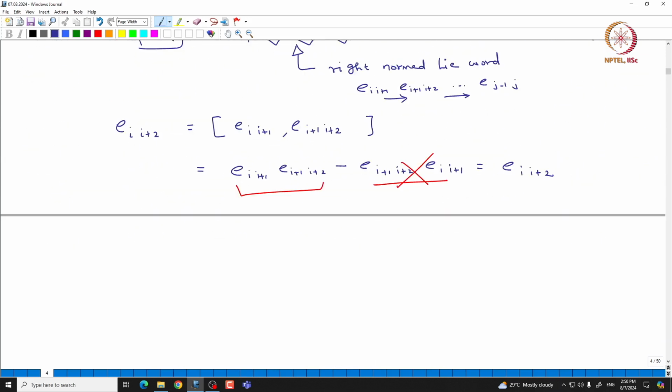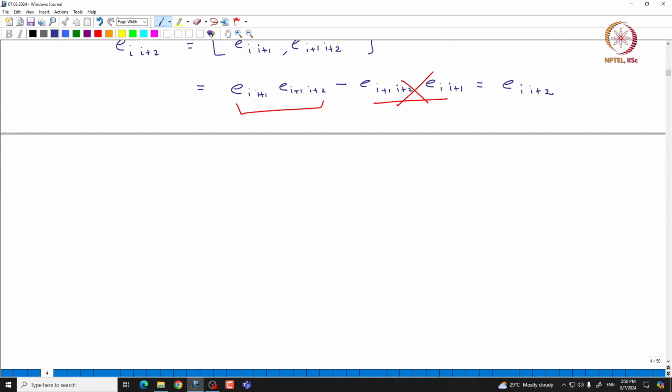Now let us observe how the Cartan subalgebra acts on g. So, h acts on g via the adjoint map. Let us look at its action.